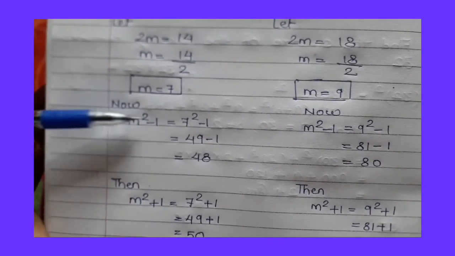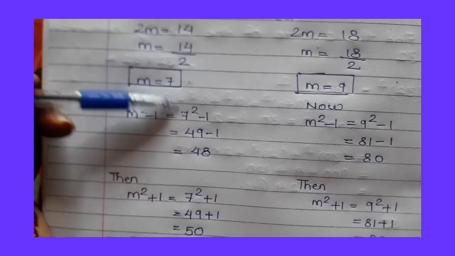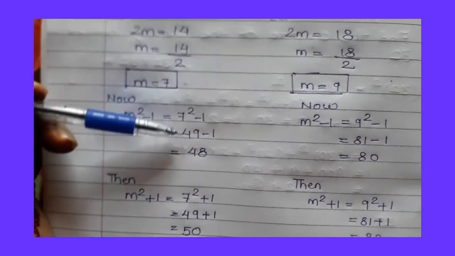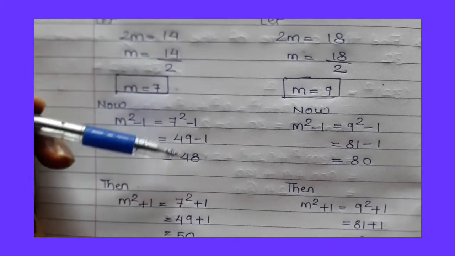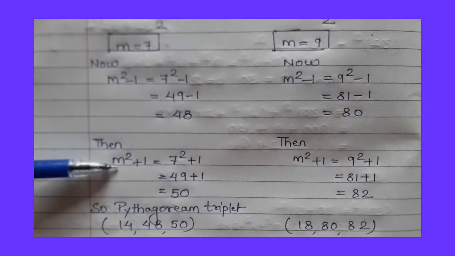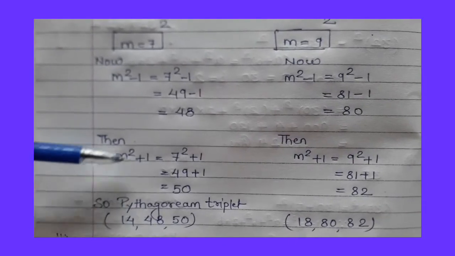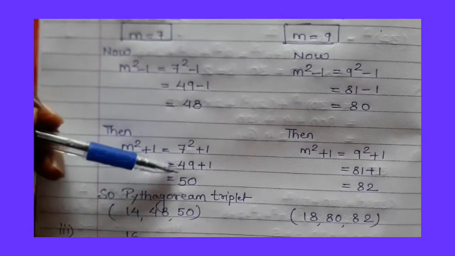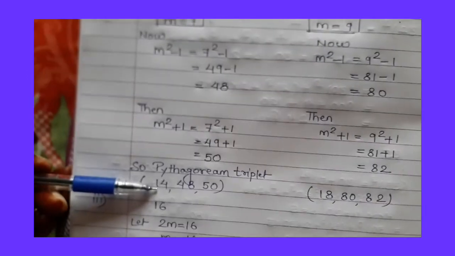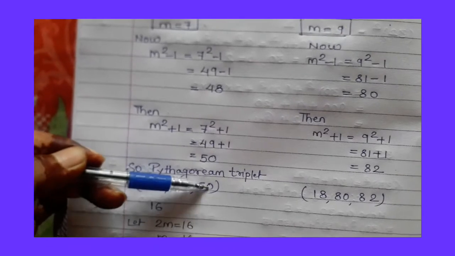So m square minus 1, value of m is 7. 7 square minus 1. 7 square is 49, and then 49 minus 1 is 48. Then m square plus 1, that is 7 square plus 1, because here in this question value of m is 7. So 49 plus 1, that is 50. So our answer is Pythagorean triplet is 14, 48 and 50.